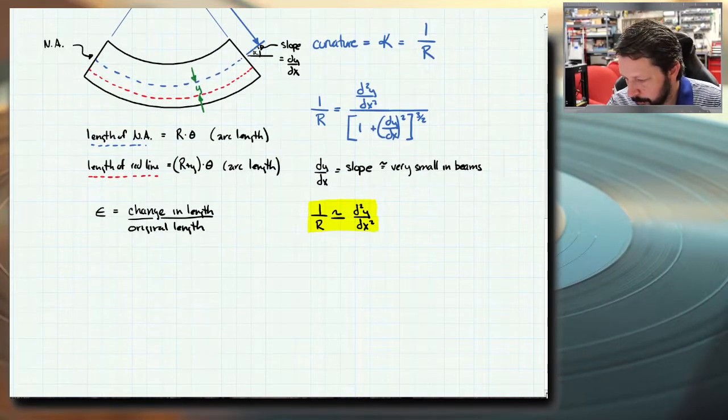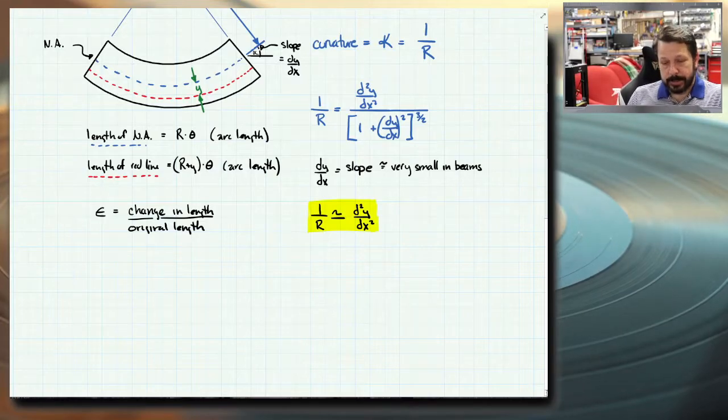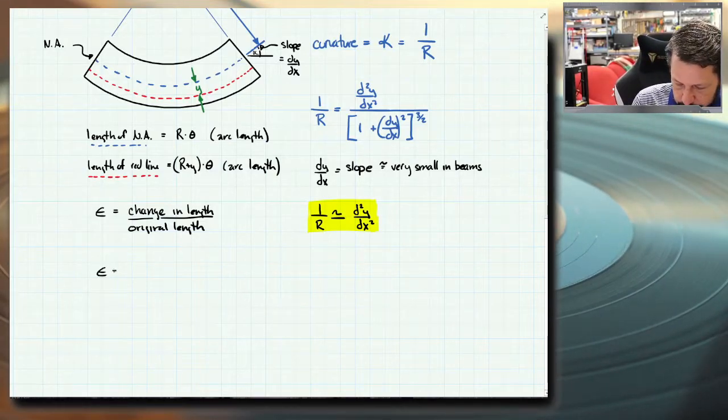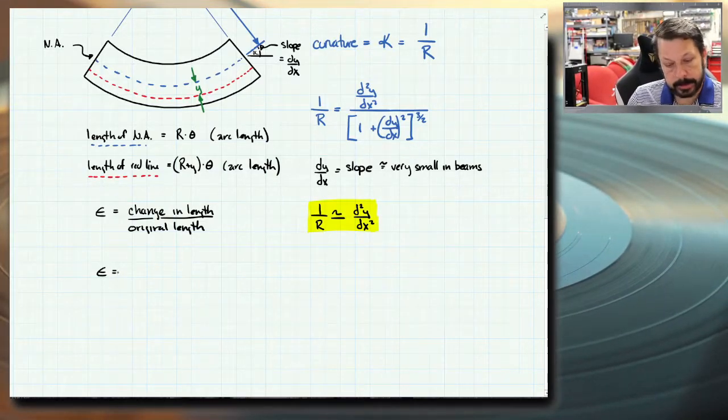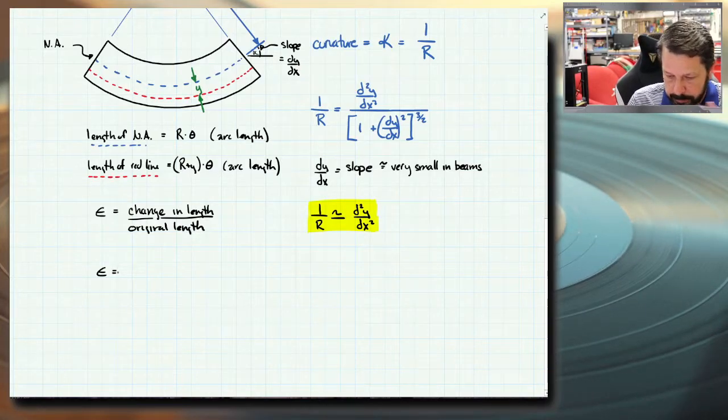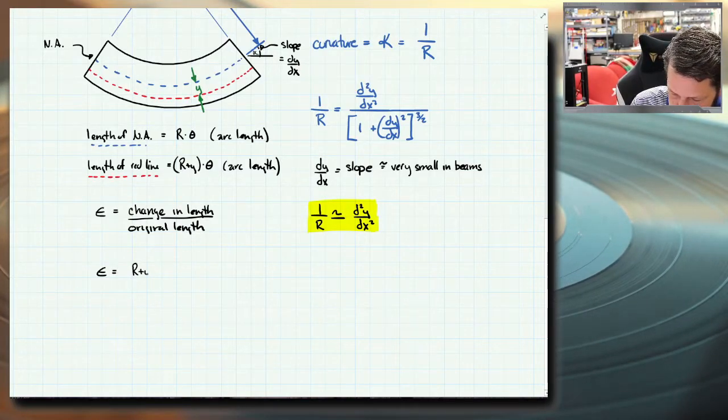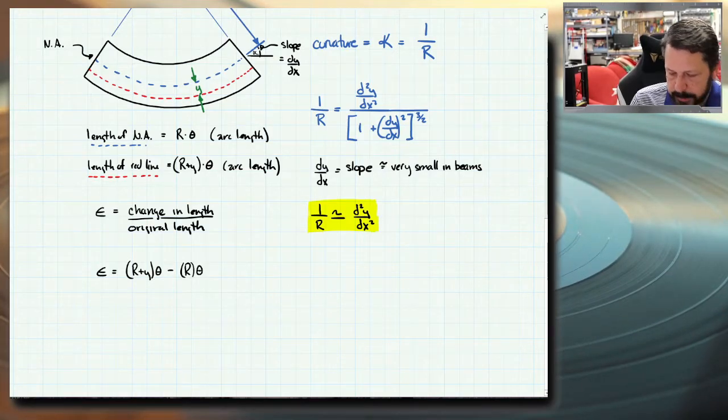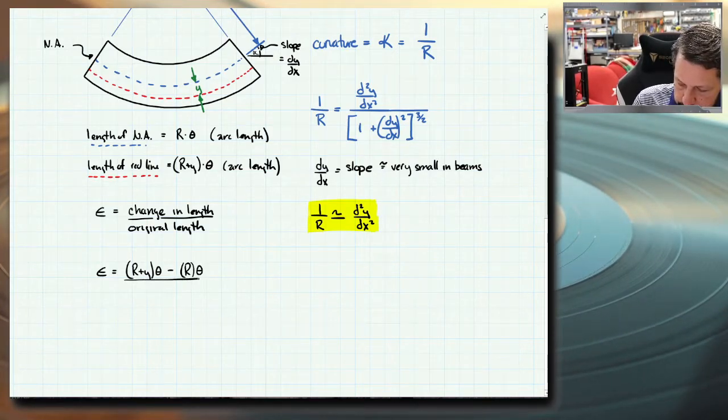Okay, so the change in length, based on what I've got here, would just be the length of the red line minus the length of the blue line. So r plus y times theta minus r, we'll put that in parentheses just to match it up, times theta, divided by the original length, which was the blue line, r theta, r times theta.